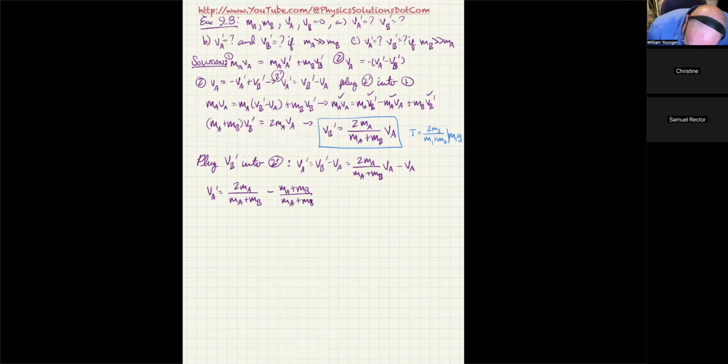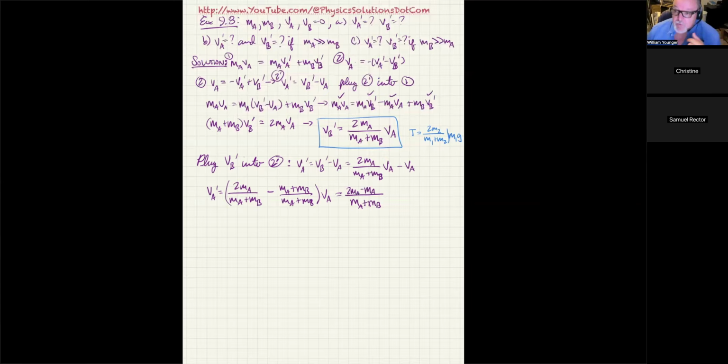And remember that both of those terms had a VA out in front, so I'm just factoring that out. Now I combine like terms and get one common denominator. The common denominator, of course, is MA plus MB, like that. But now I have 2MA minus MA.